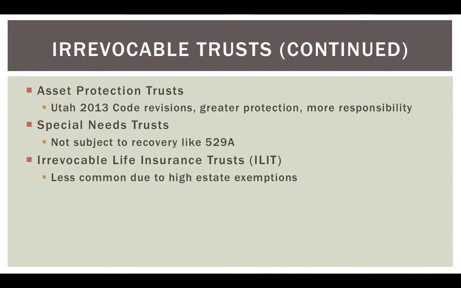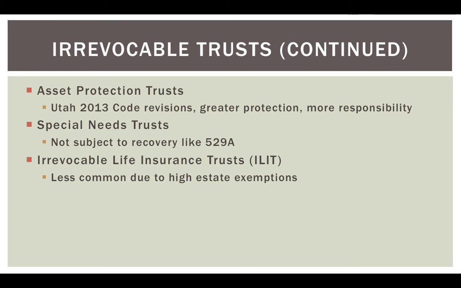Finally, one of the other ones that comes up a lot as far as irrevocable trusts are concerned are these irrevocable life insurance trusts, ILITs. If you talk to a lot of accountants or finance professionals, they'll call them ILITs. These are a lot less common now due to the high estate tax exemptions that we have, where, if you've got a married couple, their estate can pass on almost $11 million tax-free.